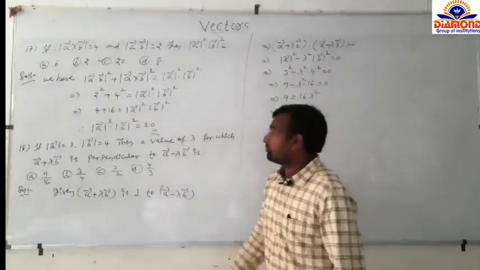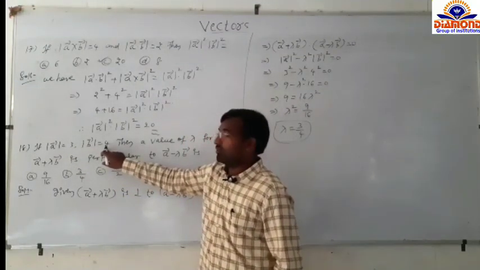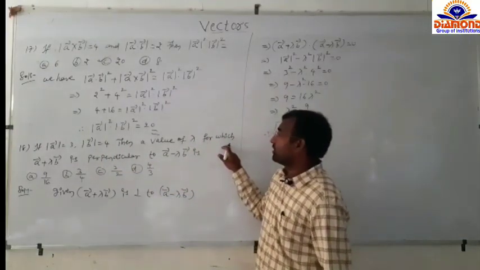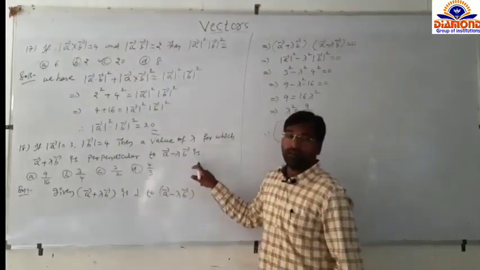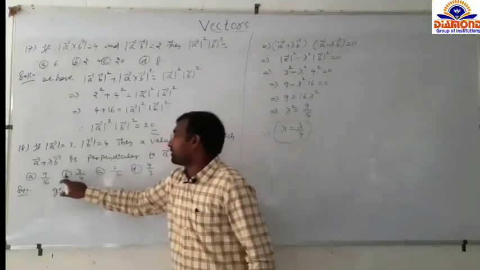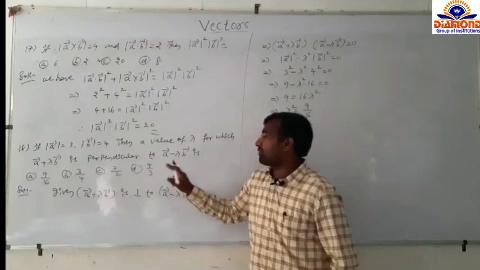Next problem: if mod A equal to 3, mod B equal to 4, then a value of lambda for which A plus lambda B is perpendicular to A minus lambda B is. Option A 9 by 16, option B 3 by 4, option C 3 by 2, option D 4 by 3.